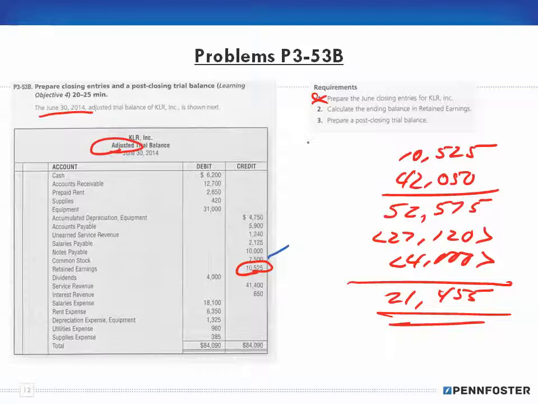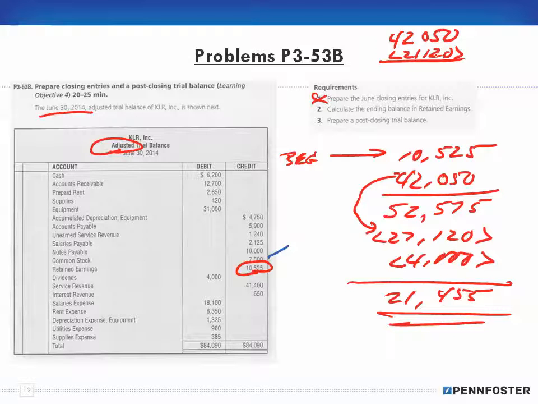Now notice I just did the mathematical calculation, but if I were creating a statement of retained earnings, this would be my beginning right here. And then of course I would take my revenues less my expenses, so 42,050 minus 27,120, which gives me a net income of 14,930.